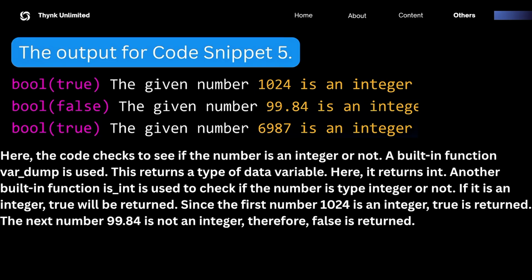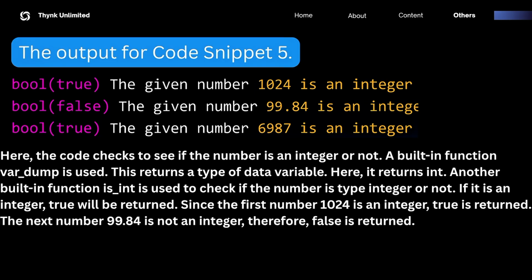This means $2 is not an integer, even though the program still prints the message, the given number 99.84 is an integer. The Boolean result, false, clearly tells us that it isn't. This example is important because it demonstrates that PHP distinguishes between integers and floats. Even if the number appears numeric, its type still matters.